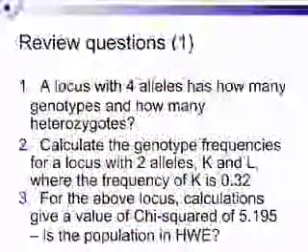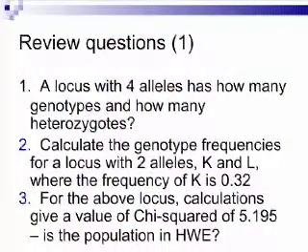Upon successful completion of this course, you should be able to answer these review questions. Number 1, a locus with 4 alleles has how many genotypes and how many heterozygotes? Number 2, calculate the genotype frequencies for a locus with two alleles, K and L, where the frequency of K is 0.32.